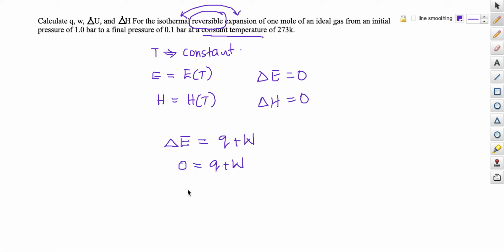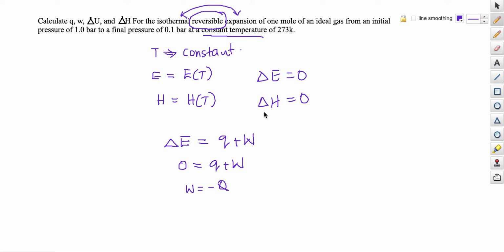From this we can say W is equal to negative Q. If heat is absorbed, expansion is done. If heat is lost, compression is done.